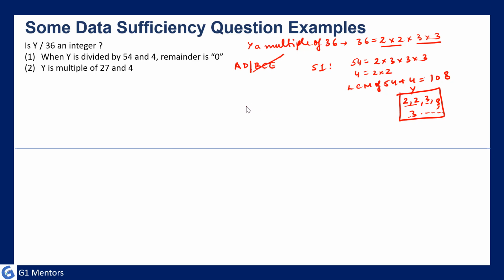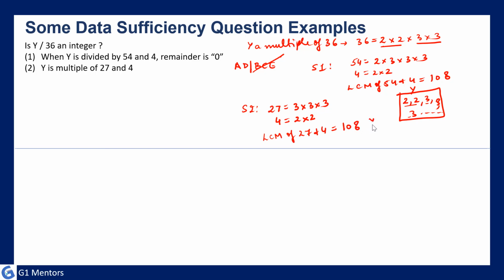Now let's see statement 2 alone. Y is a multiple of 27 and 4. So 27 is nothing but 3 into 3 into 3 and 4 is nothing but 2 into 2. LCM of 27 and 4 again is 108.